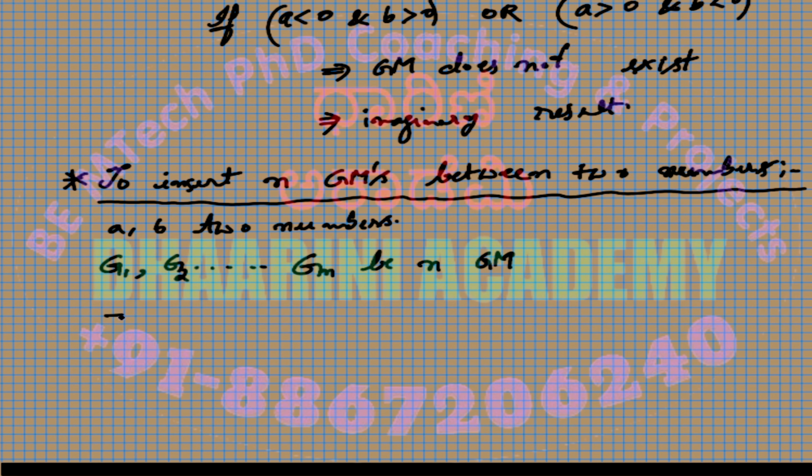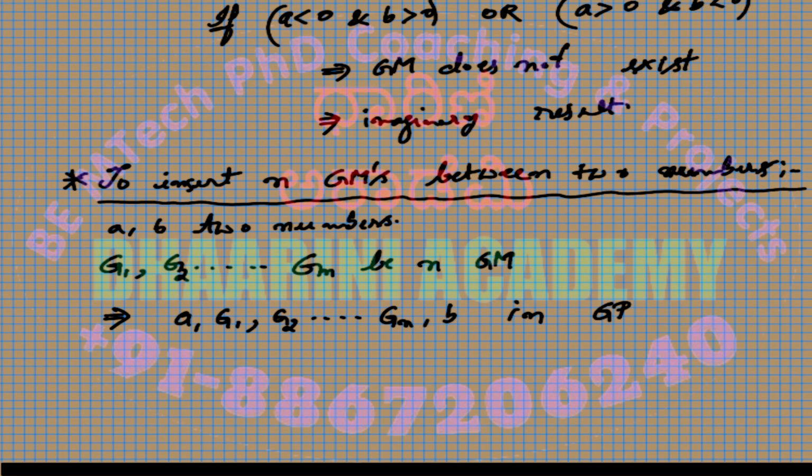So this implies it has to be in the geometric progression. So a comma g1 comma g2, up to all the way till gn comma b. This has to be a geometric progression for sure.